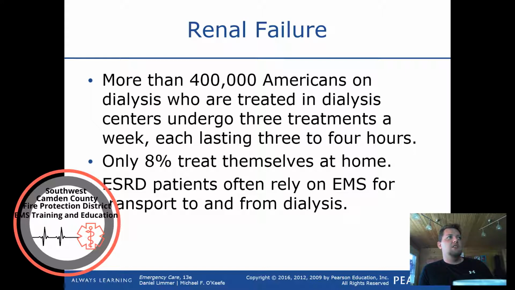More than 400,000 Americans are on dialysis, treated in dialysis centers, and they undergo 3 treatments a week, each lasting 3 to 4 hours. Only 8% of them treat themselves at home. These end-stage renal patients often rely on EMS for transport to and from dialysis.